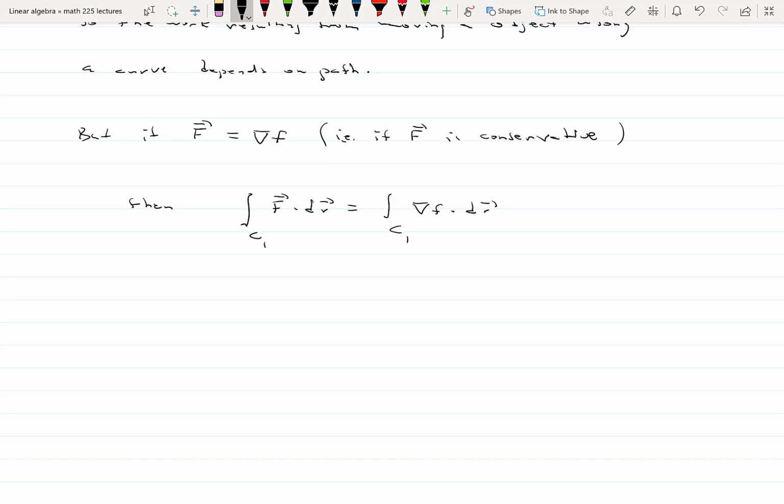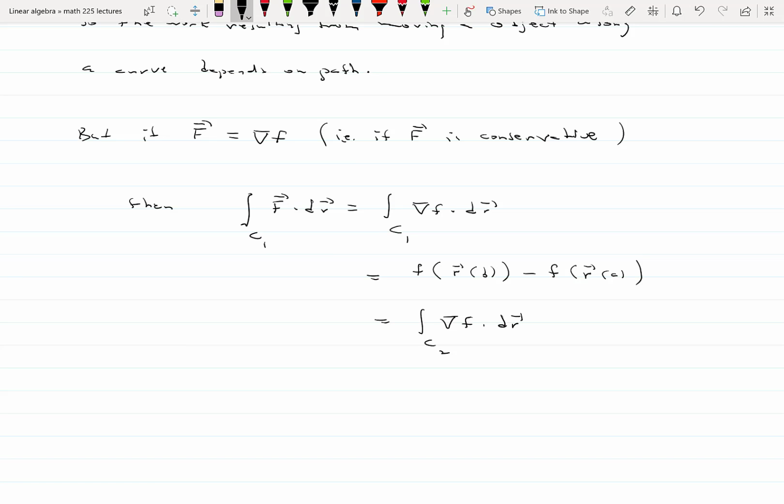But the fundamental theorem of calculus for line integrals says that this is simply the value of the potential function at t equals b, so at r of b, minus the value of the potential function at t equals a, so minus f of r of a. However, this must equal the integral along C2 of the gradient of f dot dr. Why?